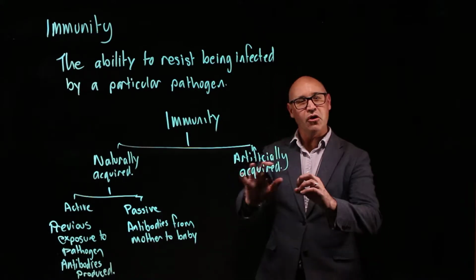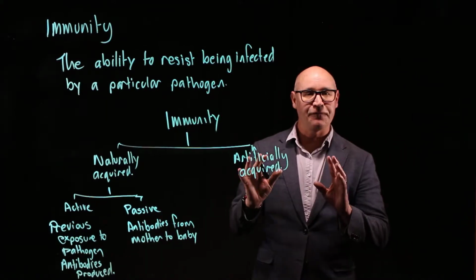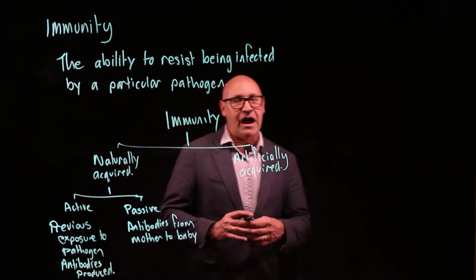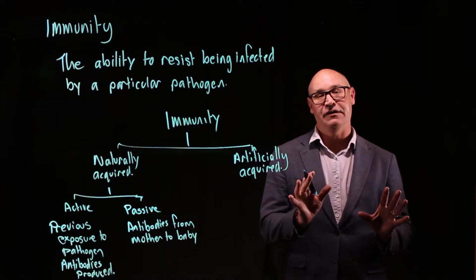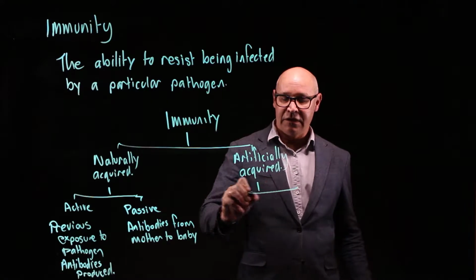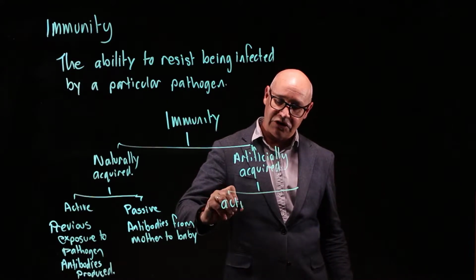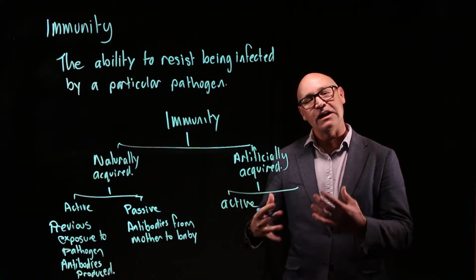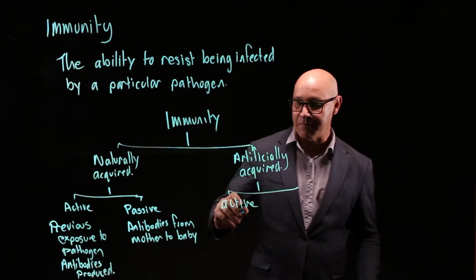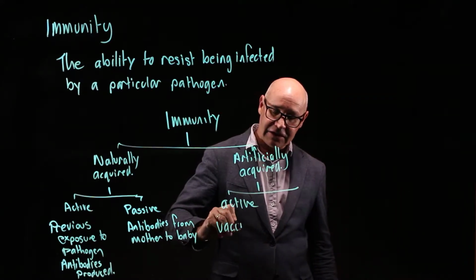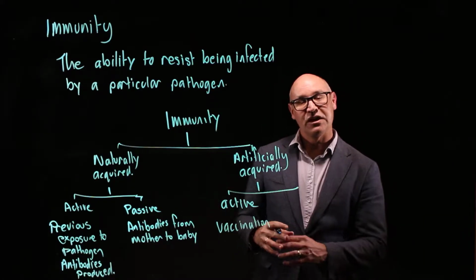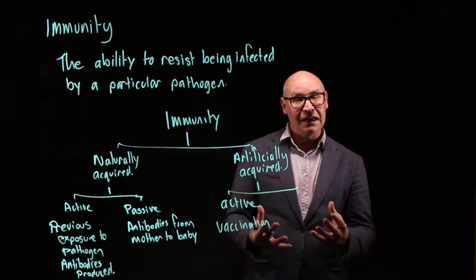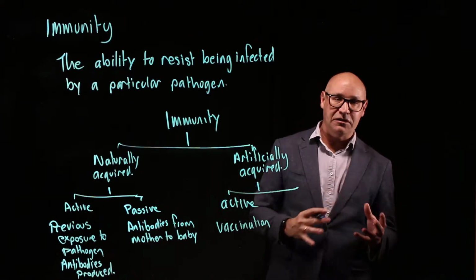Now, we can also get immunity in artificial ways as well. Artificially acquired immunity, again, can be active and passive. The active version is the vaccination programs that you know about. In a vaccination there are the antigens for that particular pathogen.